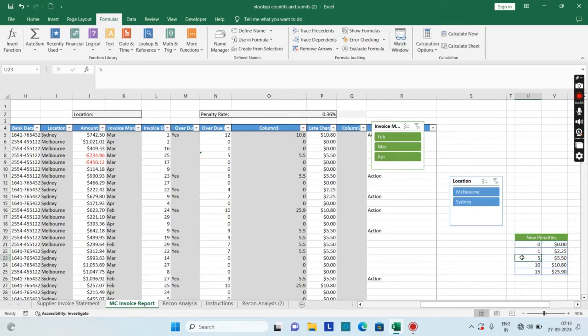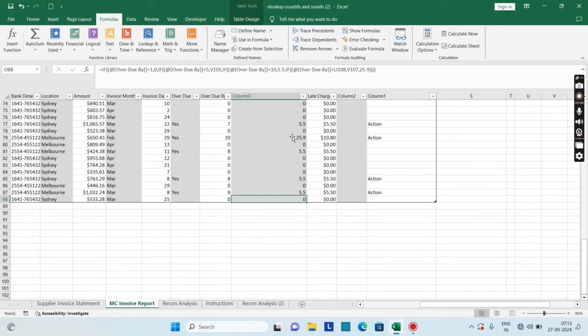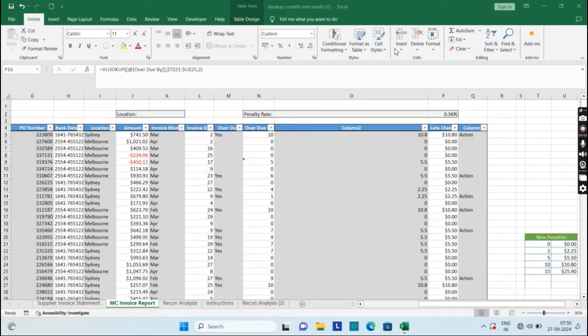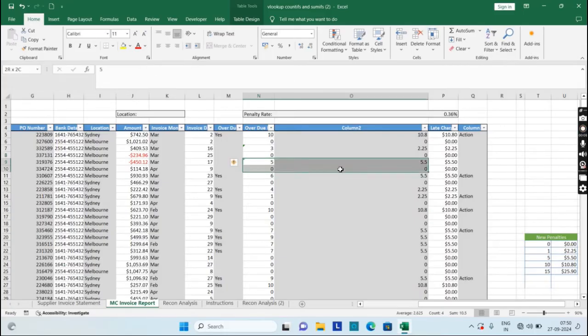So here if I look at this formula, then I can see that for overdues by say 3, I can get answer of 2.25, but when I look at overdues for 5, I am getting 5.5.